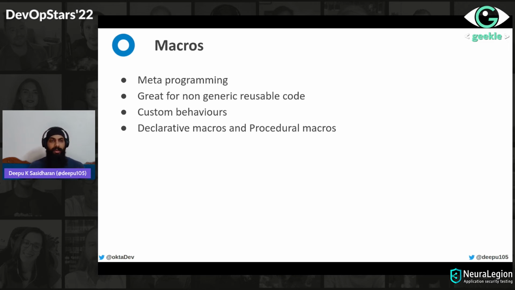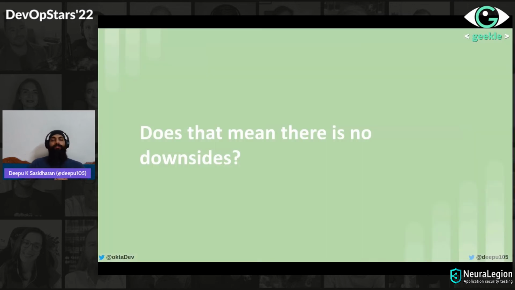A lot of built-in functions like println or format are all macros. In Rust, you can use macros to write reusable code without having to depend on generics, because when it is compiled, all those macros will be expanded into actual code.